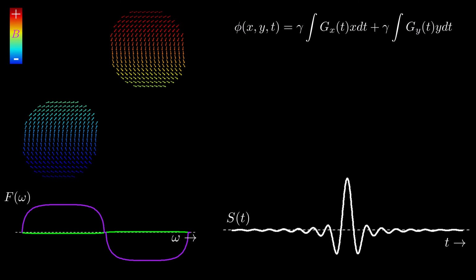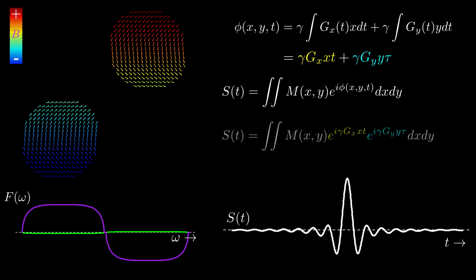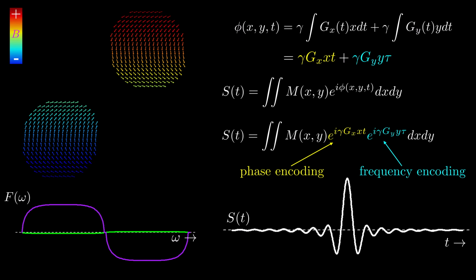This time, we play a constant Y gradient for a short time tau, and then a constant X gradient during signal acquisition. So our phase expression becomes this, and plugging into our signal equation yields this. Integral over all space of m sub xy times the phase encode kernel, and a frequency encode kernel.